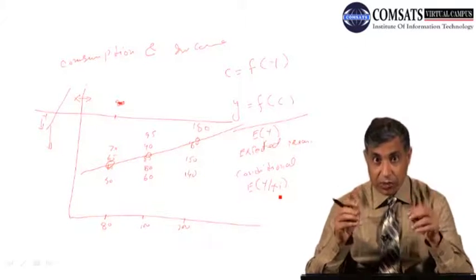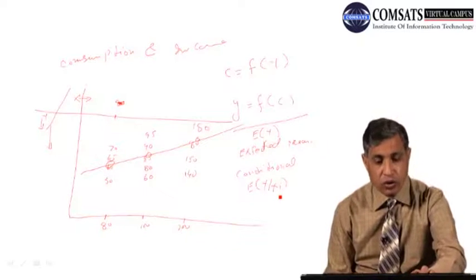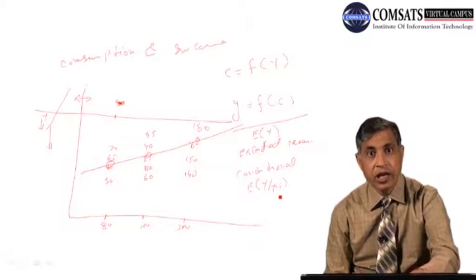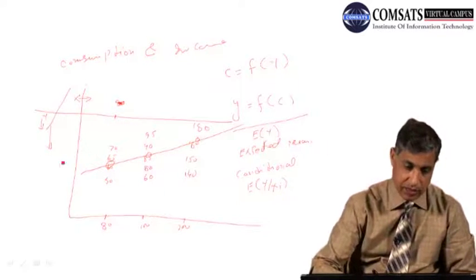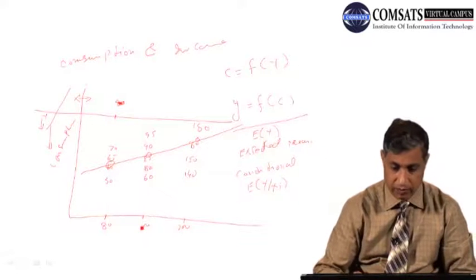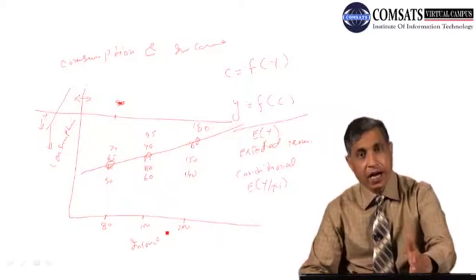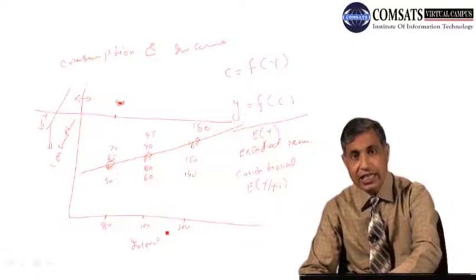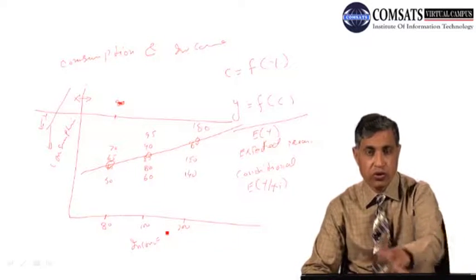One is the expected value of y. If I come here, I would sum up all the consumption expenditure. If I want to see the average of consumption, this is the consumption side and this is the income, Y for income and C for consumption. If I add up all the consumption and divide by the total number, 1, 2, 3, 4 and so on.